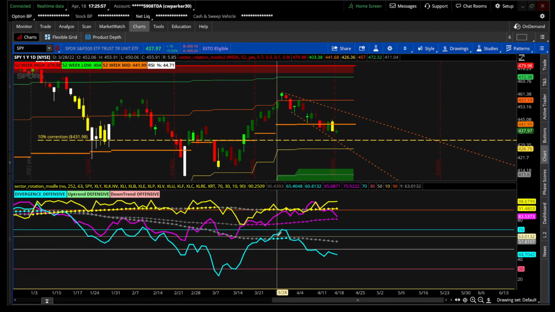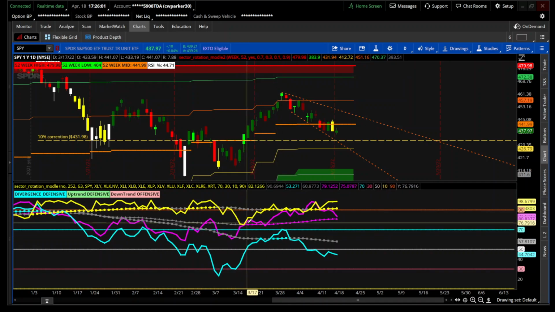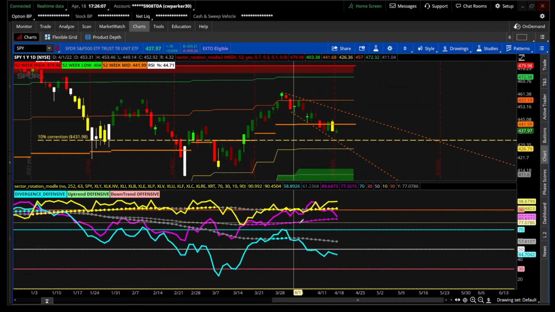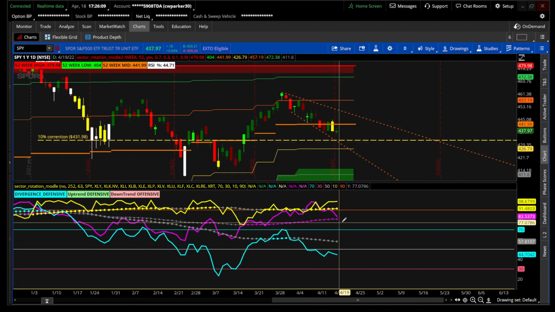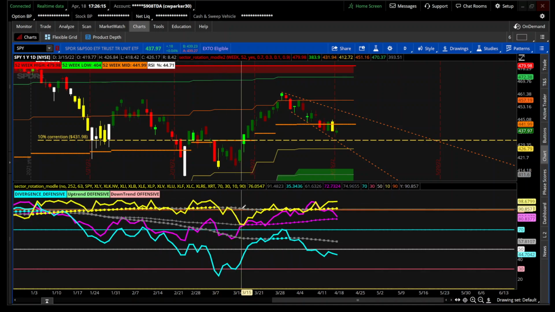If it's above average, the average itself turns cyan. Magenta means defensive is above average. The triangle line is the average of that, and it's actually going up. Same situation with energy: if it's above this average, the average line will be yellow.